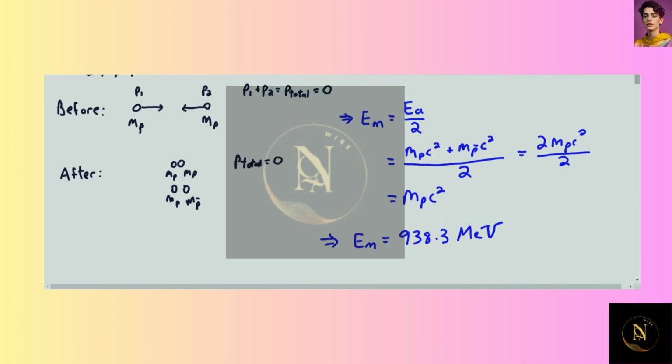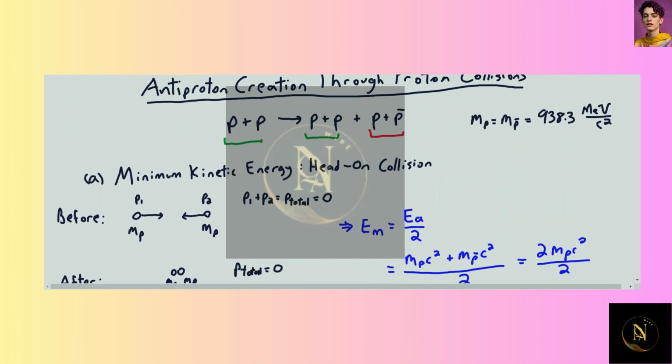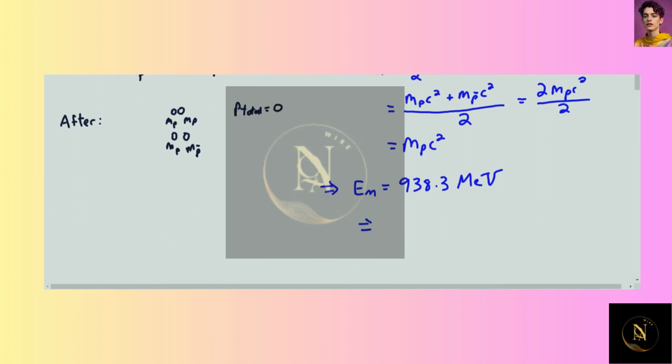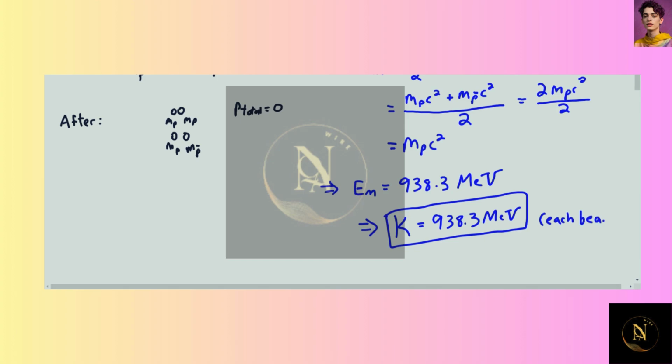The original protons survive. So what we're really saying is that K has to be 938.3 mega electron volts. So each beam's protons have to have that energy.